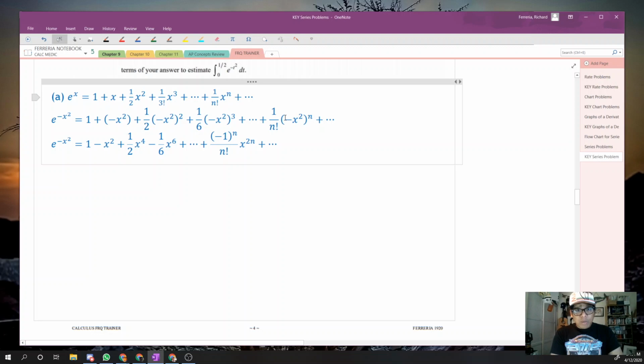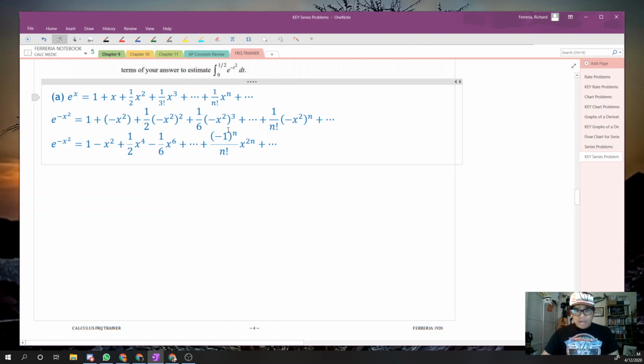The other place where some students feel uneasy is dealing with this general term. So a couple of hints that you might want to think about. If I have negative x squared to the n, this negative is the same thing as negative 1.